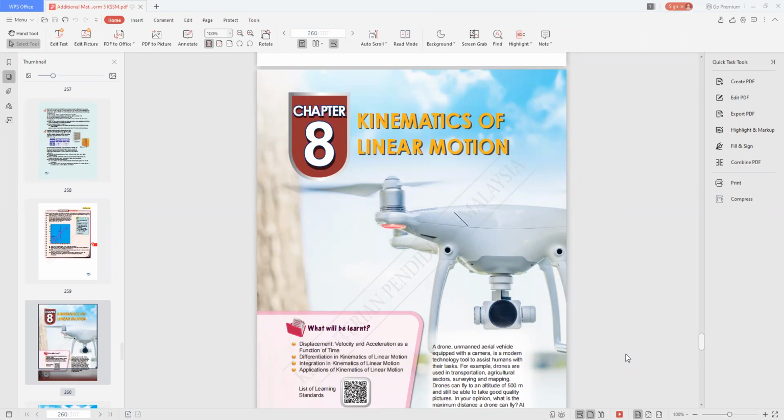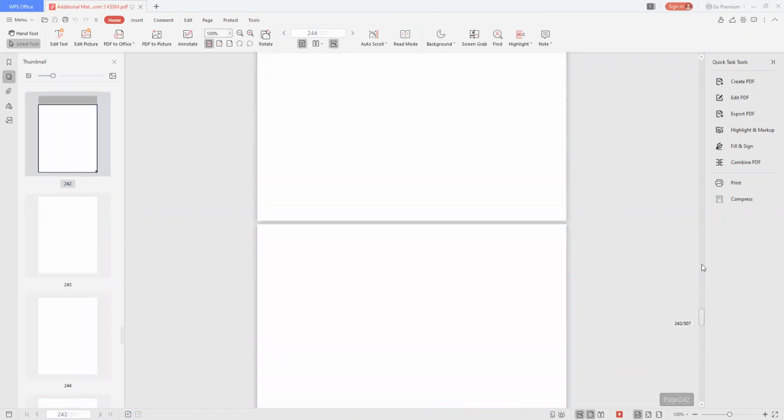So this is the velocity, acceleration, displacement. You're going to see this. This chapter needs you to make use of what you have learned in differentiation, and also the next chapter, integration, right?